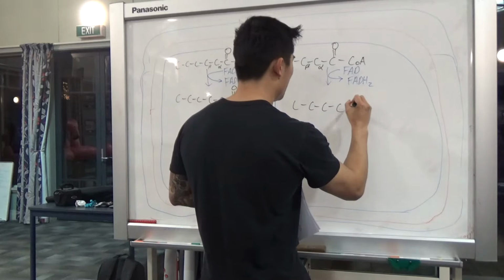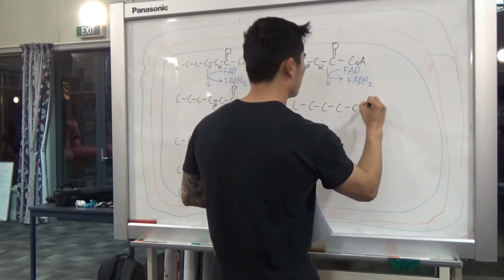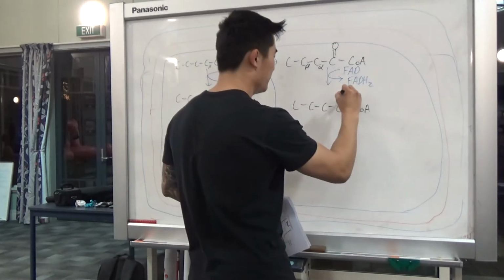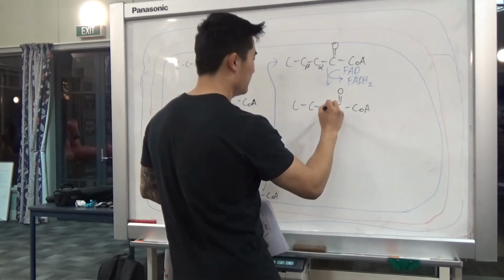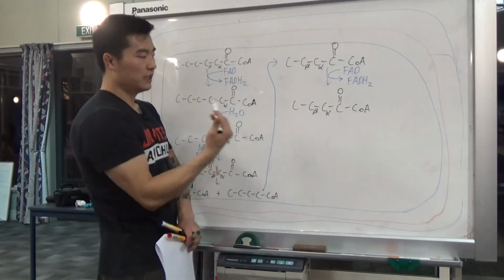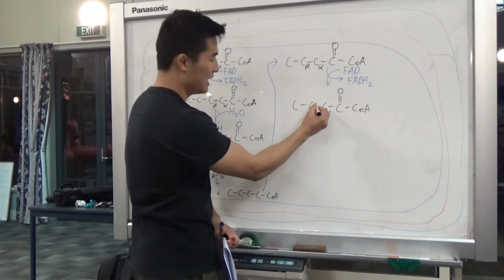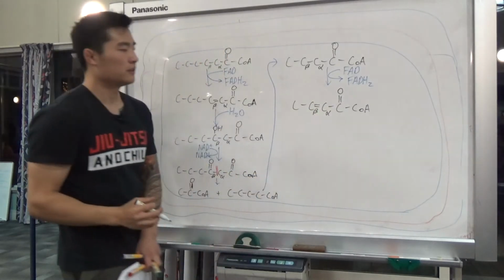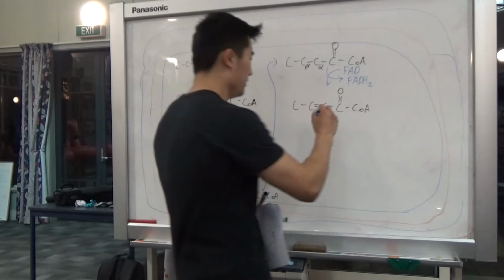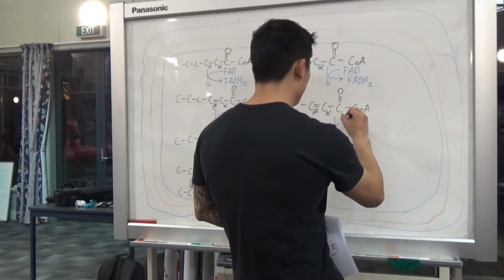So we have our 4-carbon acyl-CoA. This is our double bonded oxygen, alpha, beta. So we're going to create a double bond between the alpha and the beta carbon. Right. And then we're going to add a water molecule.